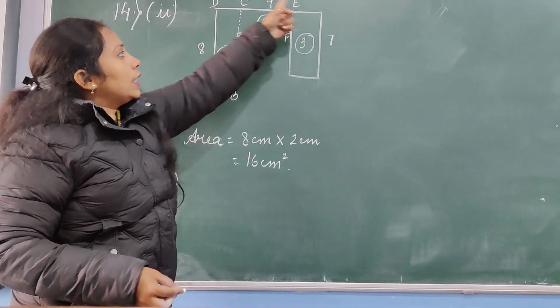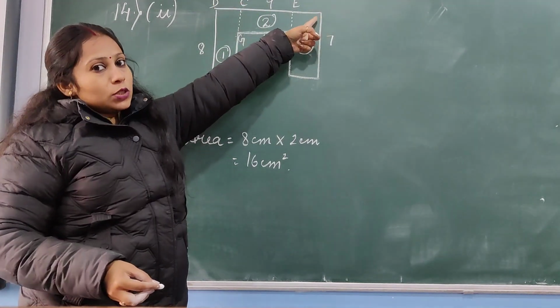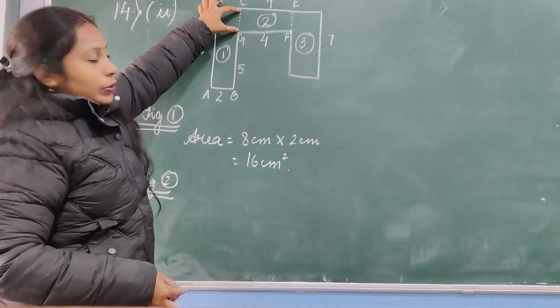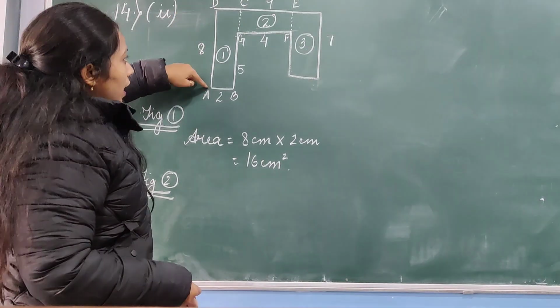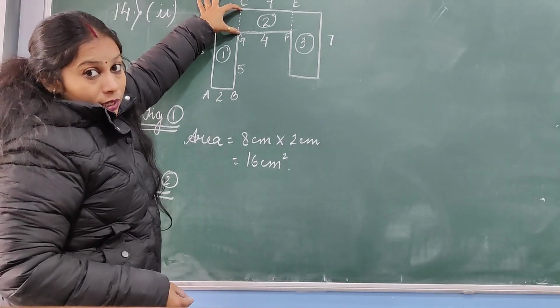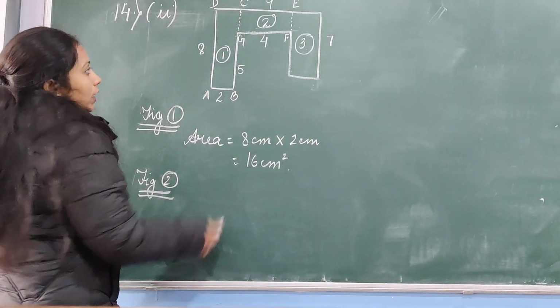This 9 is the length of this whole, don't get confused. So this is 4 centimeter into this. How much will this be? If this total is 8, this much is 5. So what will this be? 3, isn't it?